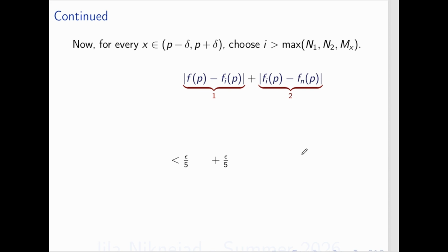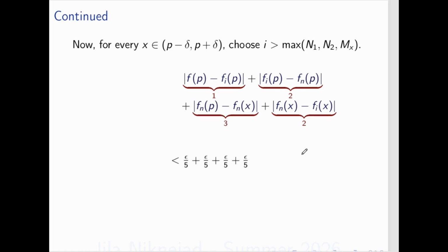This is because of the n1 and n2. Also, the absolute value of fn of x minus fi of x is less than epsilon fifth because of n2, and the absolute value of fn of p minus fn of x is less than epsilon fifth.